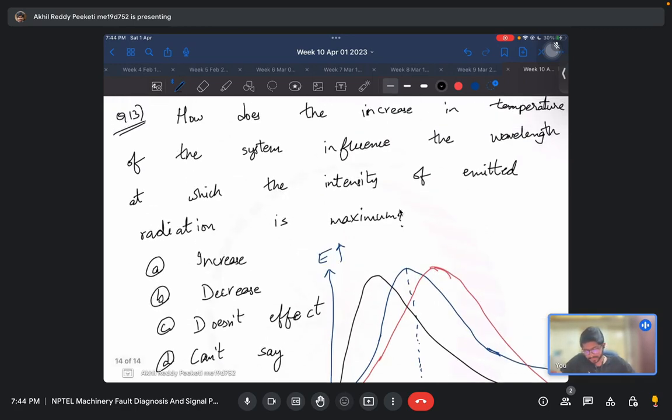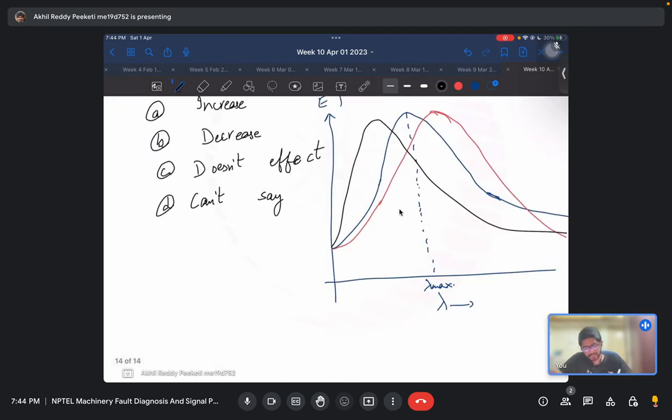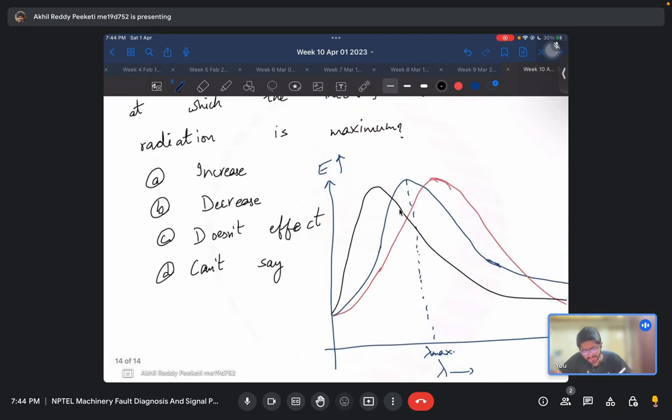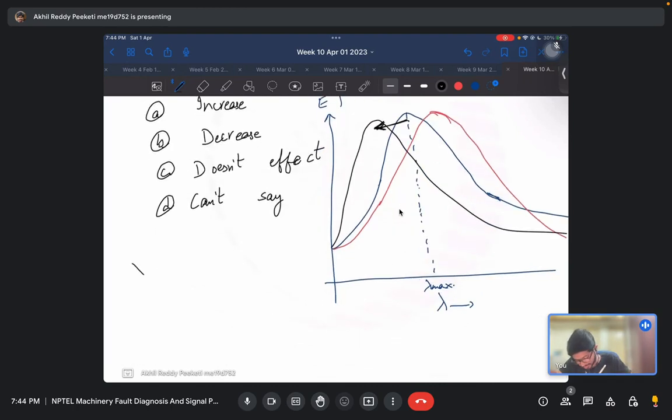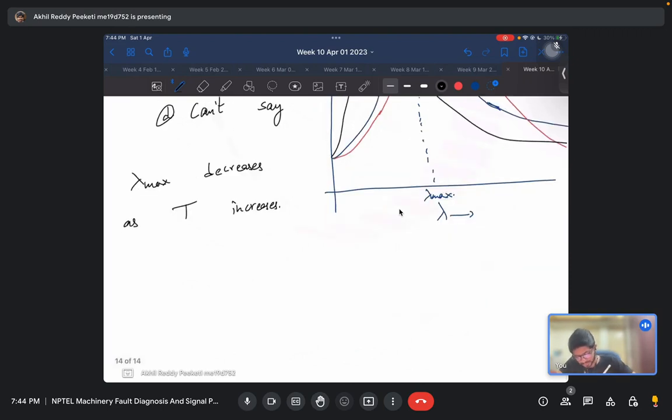When you are increasing the temperature, the maximum wavelength actually decreases, so it moves to the left. So the lambda max decreases as temperature increases. So this is called Wien's displacement law.